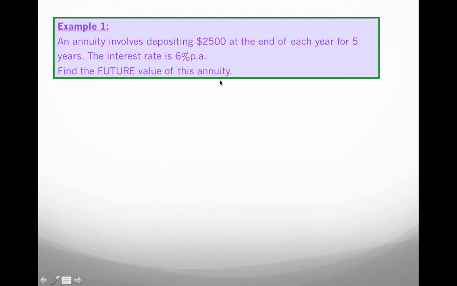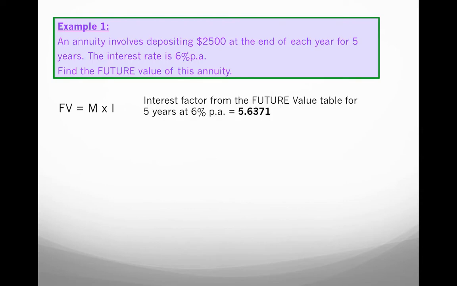We're first just going to find the future value of this annuity so that we need to know what the final result of the annuity will be. We find the interest factor from the future value table for 5 years at 6% per annum, and that's 5.6371.